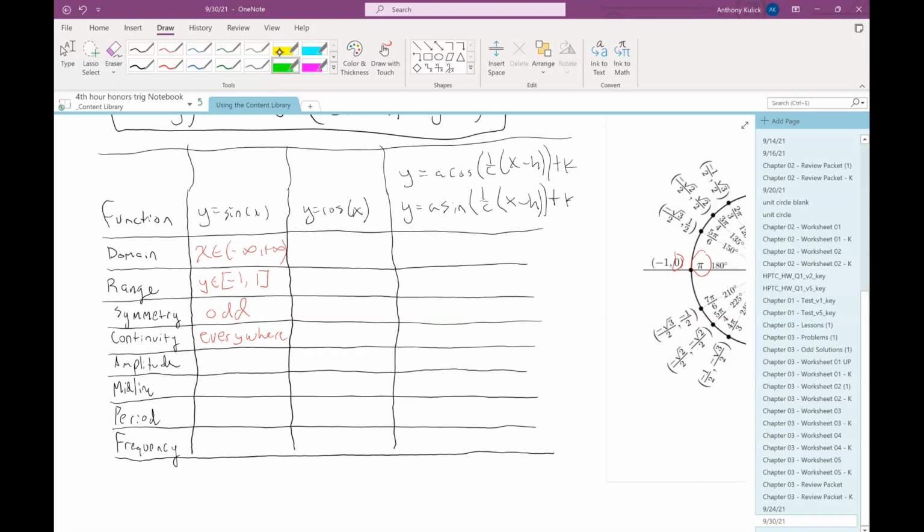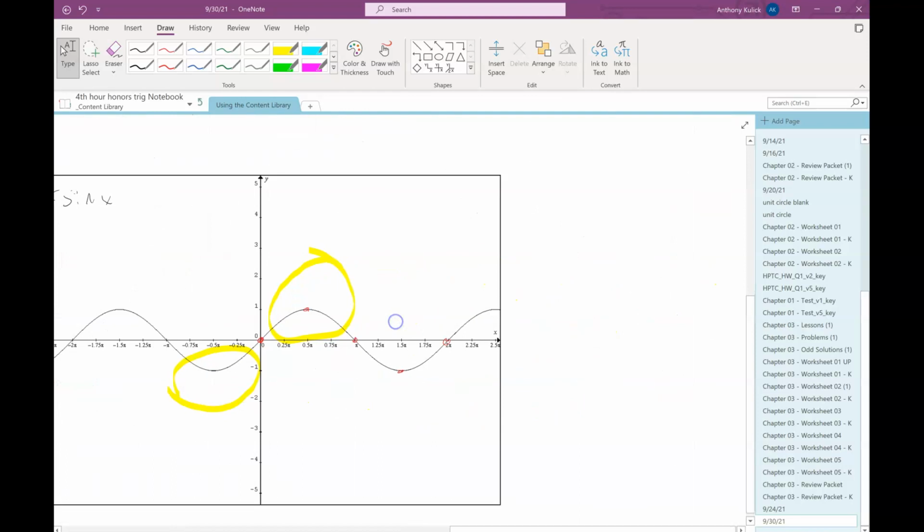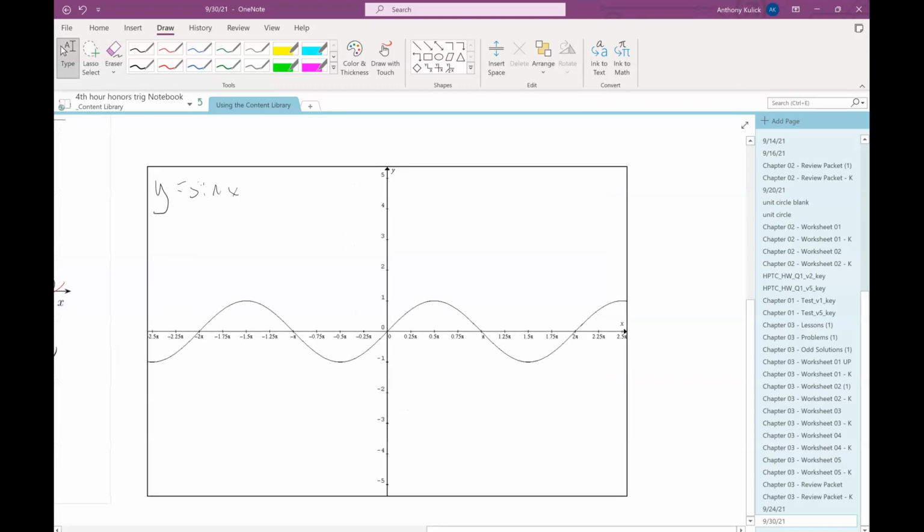Next thing we're going to talk about is the midline. I'm going to do amplitude here in a second. The midline is the line, or the imaginary line, that cuts the graph in half. So there's an equal area between the graph and the midline, above and below the midline.